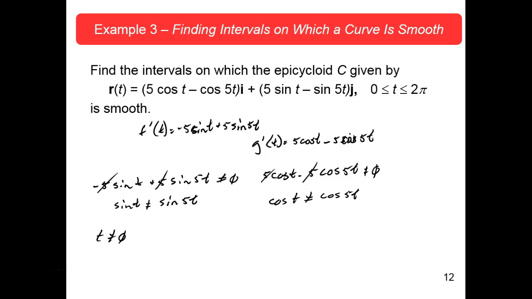The places I would investigate are your regular points, like your half pi's. So let's try that. What is sine of pi halves when t is equal to pi halves? Is that equal to sine of 5 halves pi? What do you think? No. Okay.